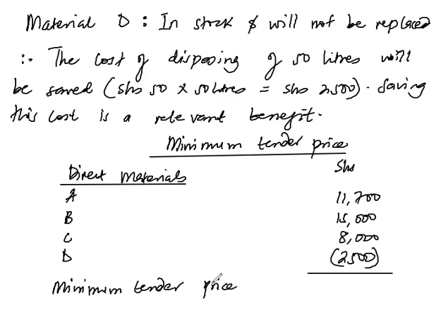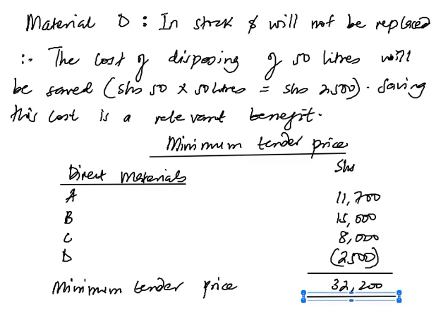How much is the minimum tender price? 11,700 plus 15,000 plus 8,000 minus 2,500. That is 32,200. That is our minimum tender price.